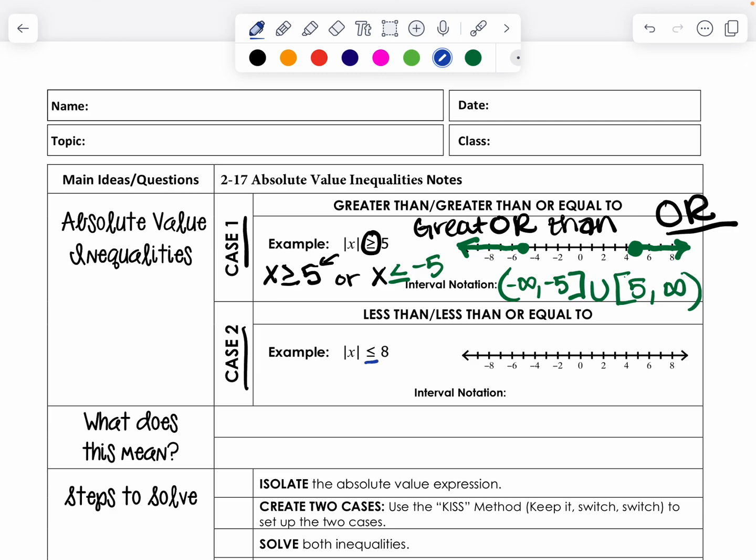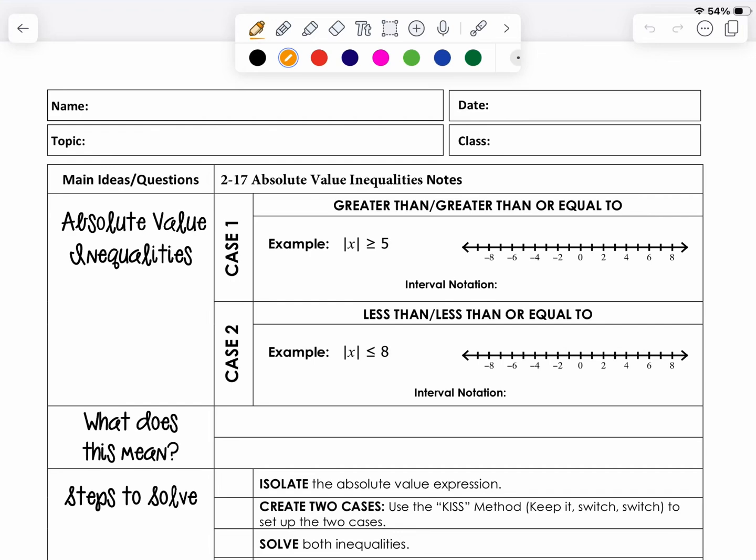Okay, now we take a look at the next one. This is less than. See this and part? These will always be and inequalities. Again, we're going to do another compound. So I'm going to put x is less than or equal to 8.